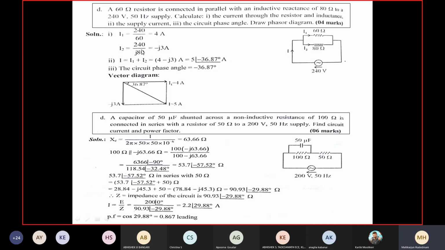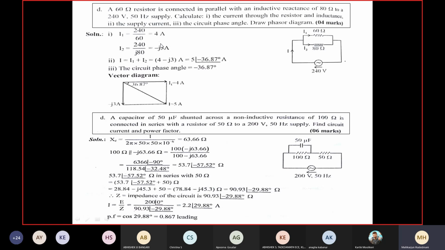It is not simply 80. It is 0 plus J80. What is the impedance of this? The impedance of this resistance is 0 plus J80. Here it is 60 plus J0. There is nothing in the reactive term here, therefore J is vanished here. But here, real is vanished. J is there. So take them in a proper manner and get the value of current.